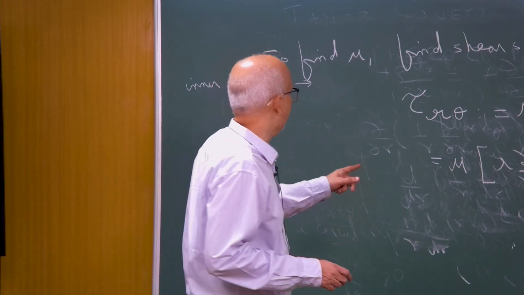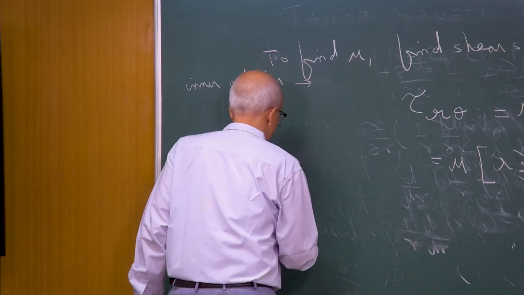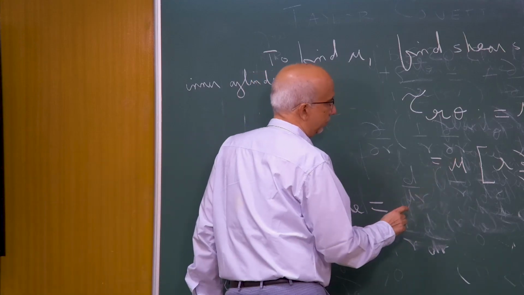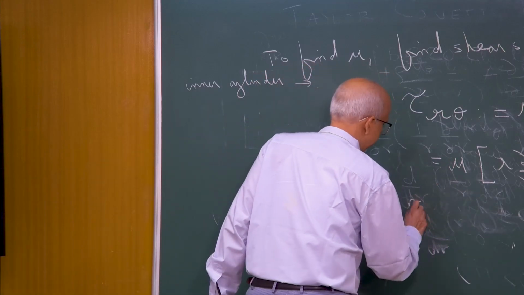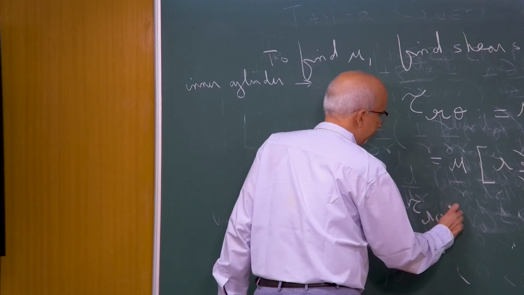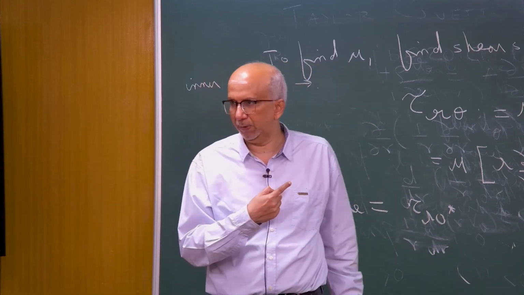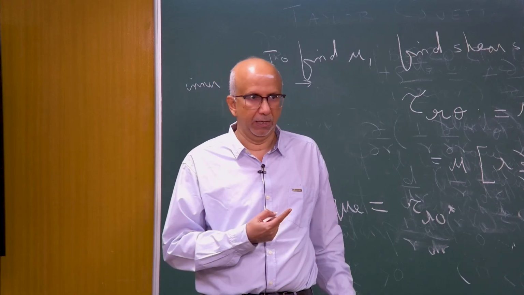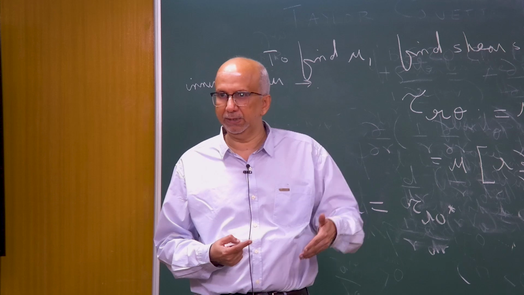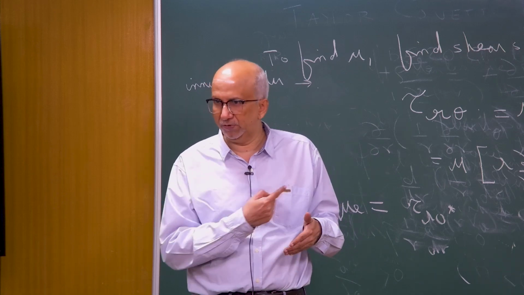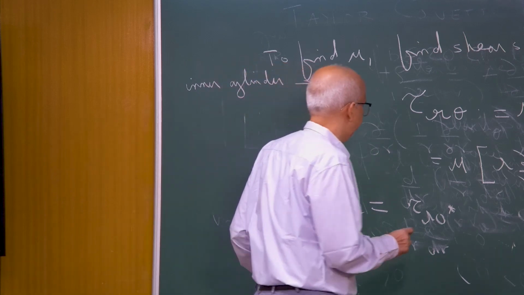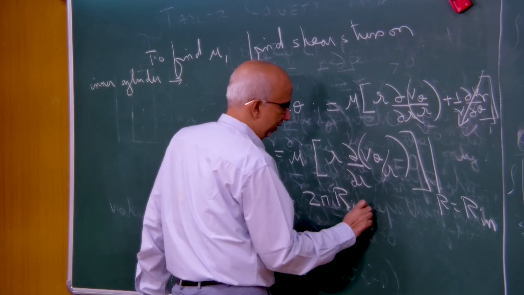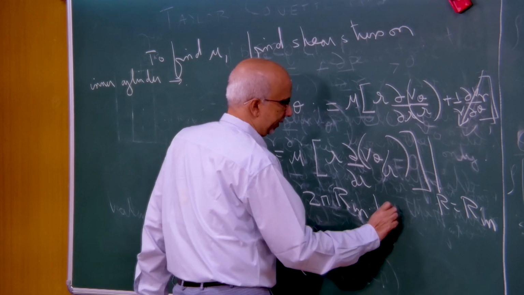So, what is going to be the torque? Whatever is the force will be tau r theta multiplied by the area, this is a shear stress, multiplied by the area, which is going to be the circumferential area, 2 pi R in multiplied by the length, that is the area over which the shear stress is acting, 2 pi R in multiplied by L, okay.